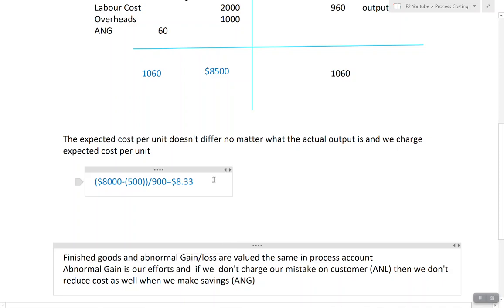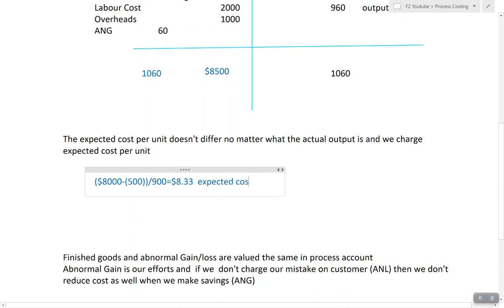So in this case, remember, we charge expected cost per unit, no matter whatever the actual cost is. So whether we are valuing the 60 units, we will charge the same value, or if we are valuing the 960 units, 8.33, same thing.